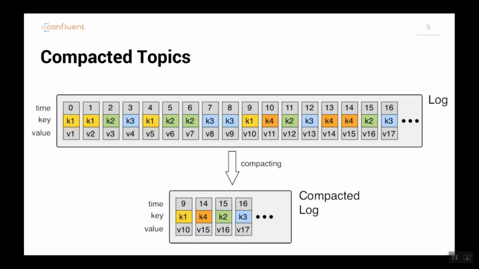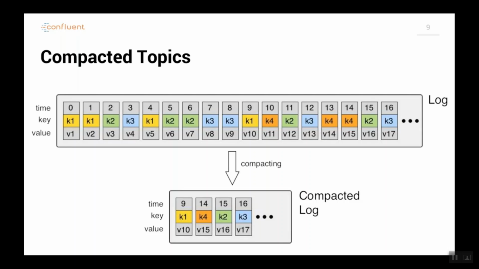A compacted topic would be a good way of storing those changes and only keeping the latest state for that user's profile. So in that case, the key of the message would be the user ID, perhaps, and all the changes that happen to the user profile would be different messages with that same key, and compaction will take care of removing the obsolete data behind the scenes.